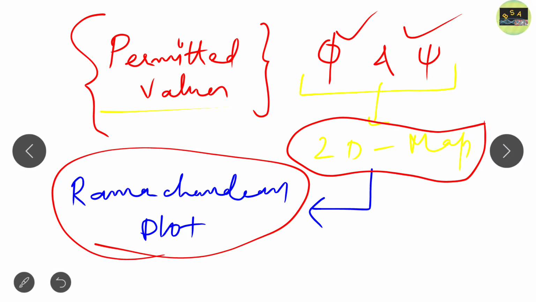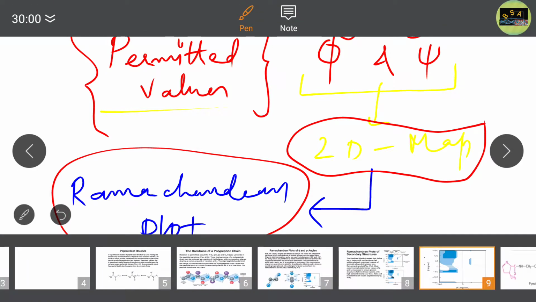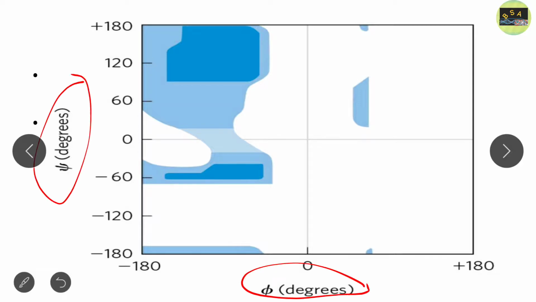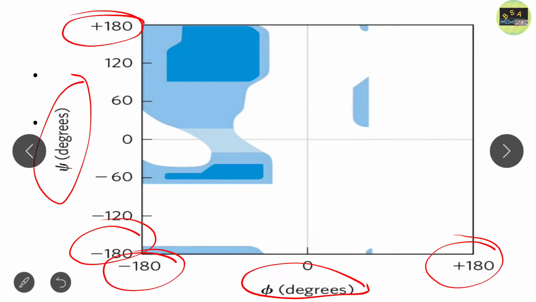Okay, now just look at this map of the Ramachandran plot. The map is plotted between the phi and the psi angle, from minus 180 to plus 180. This white region is the disallowed region. Here the steric interferences take place. Only one amino acid can be plotted here easily, and that amino acid is glycine, because glycine does not have any big side chain.